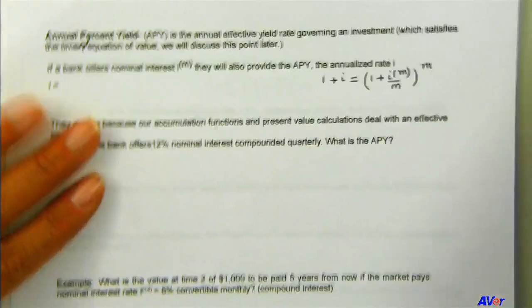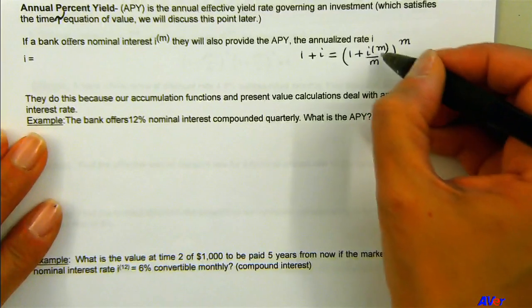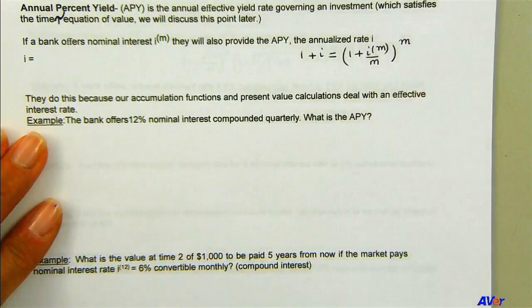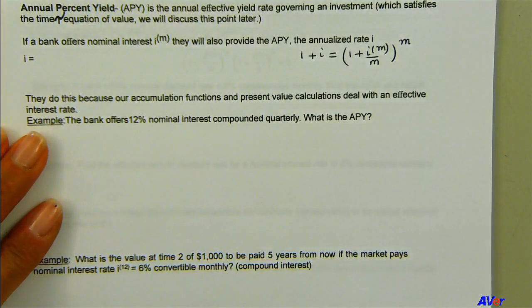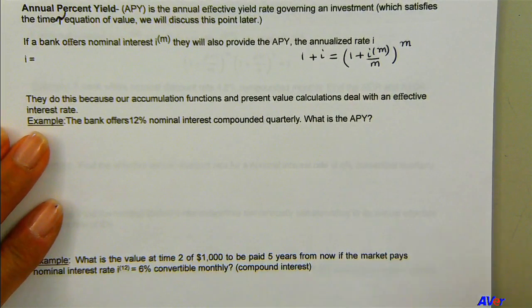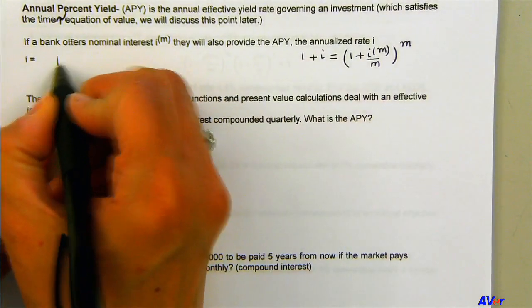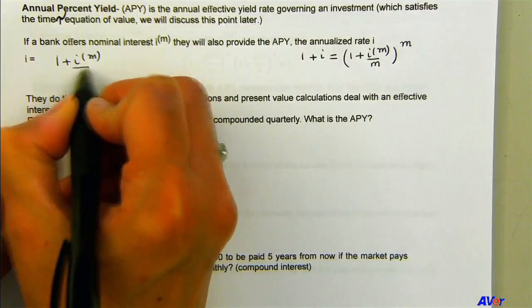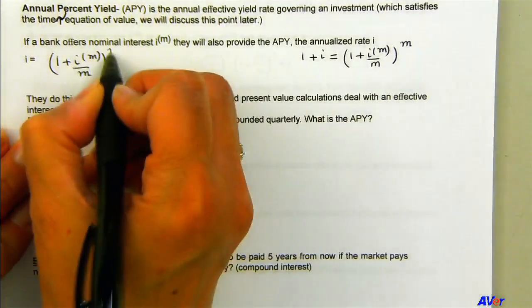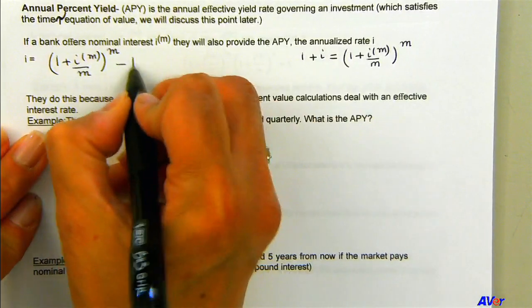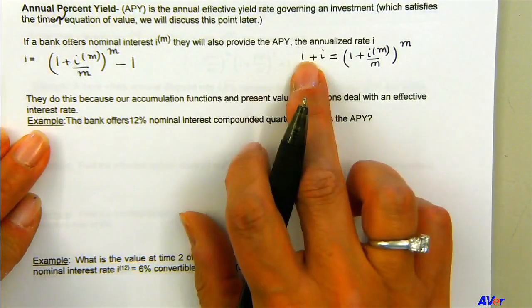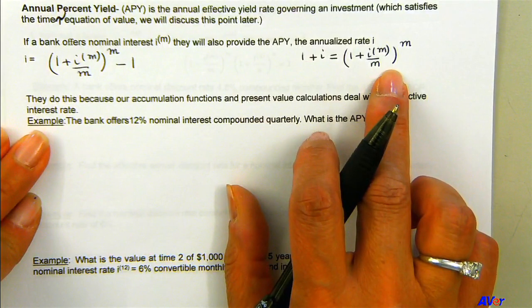So this would be 1 plus the nominal rate divided by m. That will give me the rate for 1/mth of the year, raised to the m power, because there are m such periods. Follow? So the formula for i is just solving this, which is (1 plus i^(m) over m) to the m, minus 1. I brought the 1 to the other side. That's all I've done.